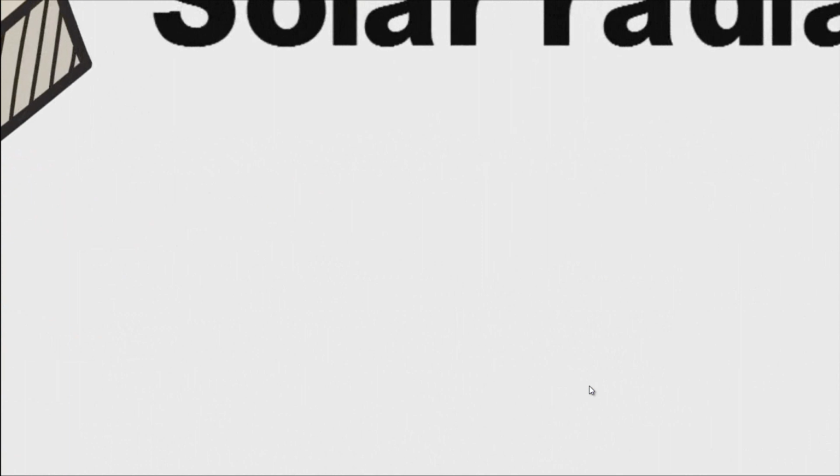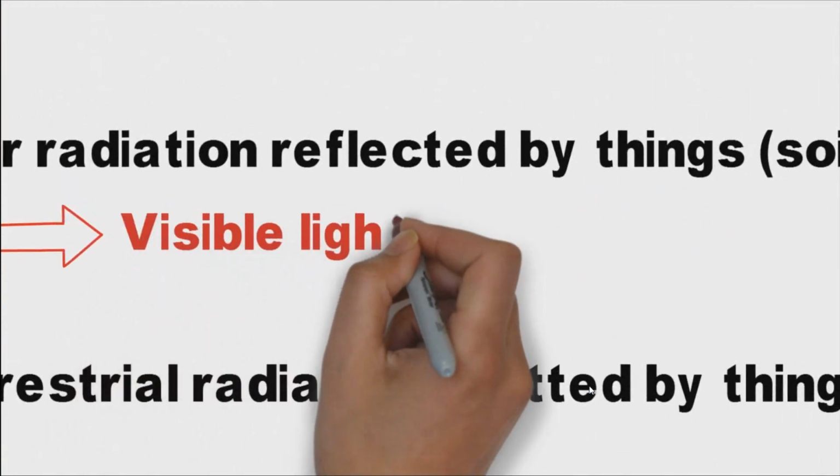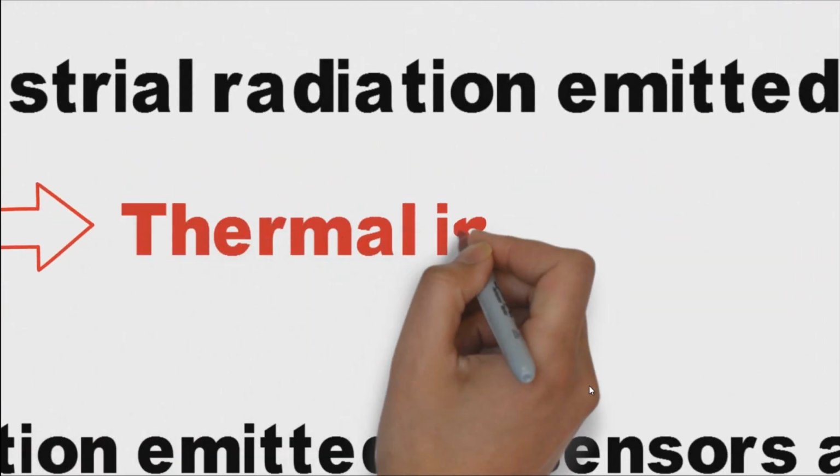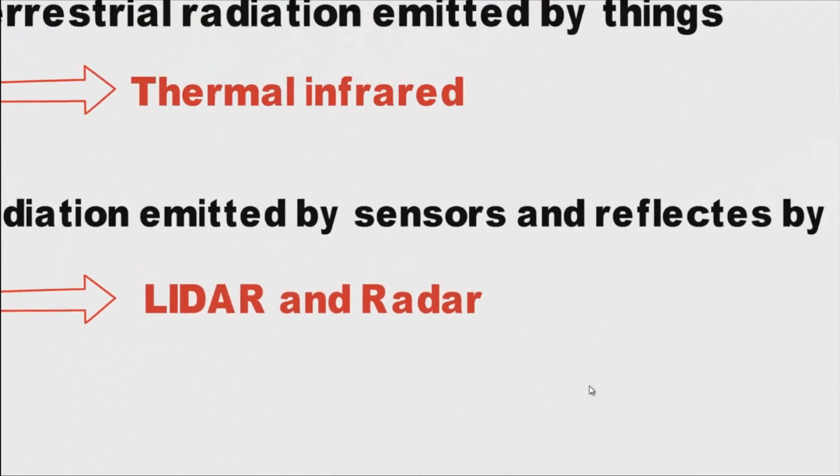Every one of these has a different wavelength. For example, in the first case, the visible light and infrared. For the second case, the wavelength is going to be the thermal infrared. And for the last one, a good example is going to be the LiDAR technology and radar.